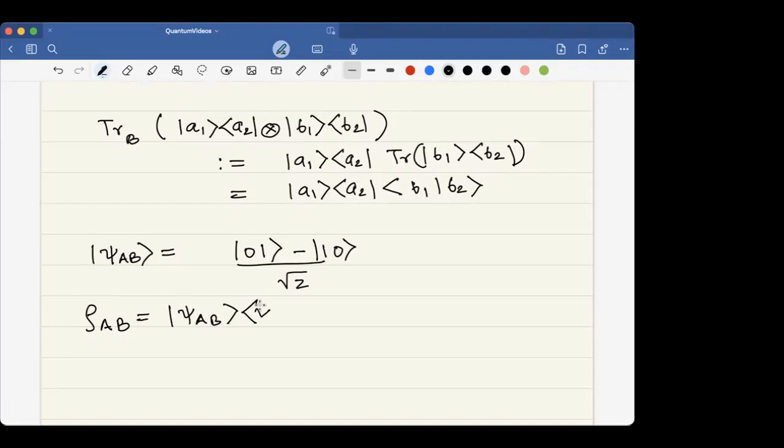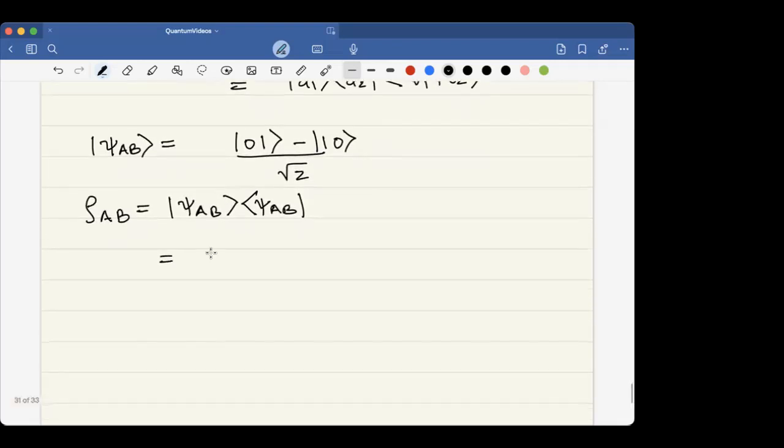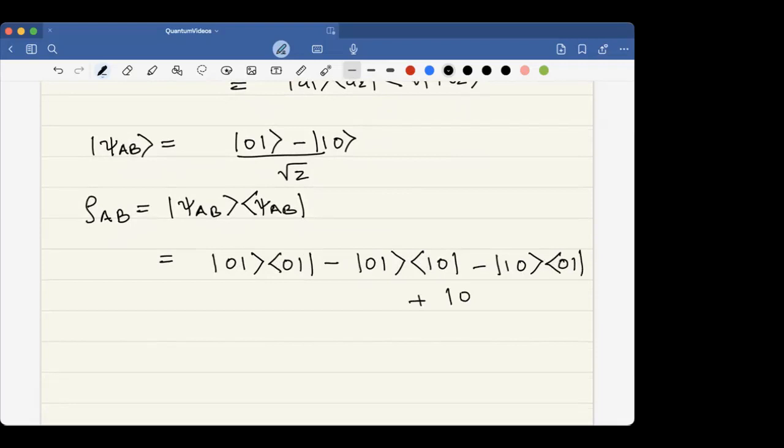This will be just the projection, which I can write as 0 1 tensor 0 1, minus 0 1 1 0, minus 1 0 0 1, and plus 1 0 1 0. So this is the density matrix.